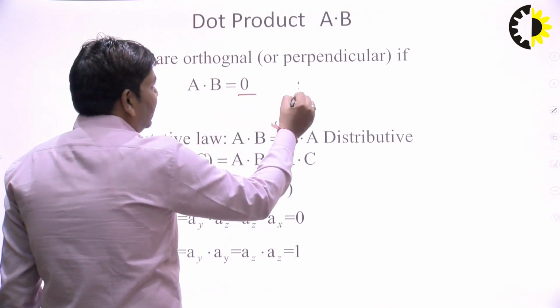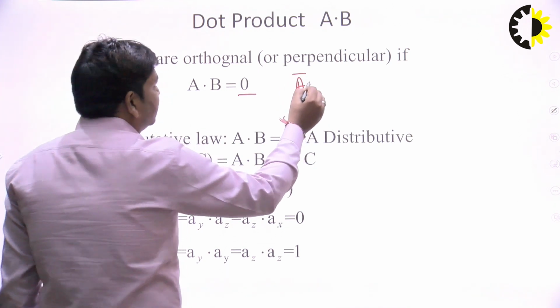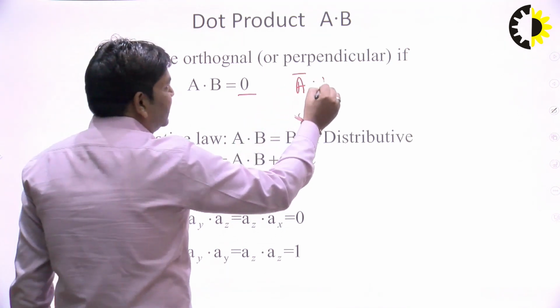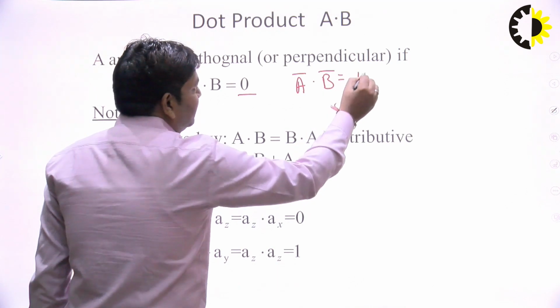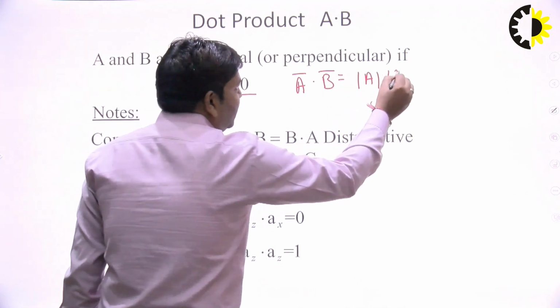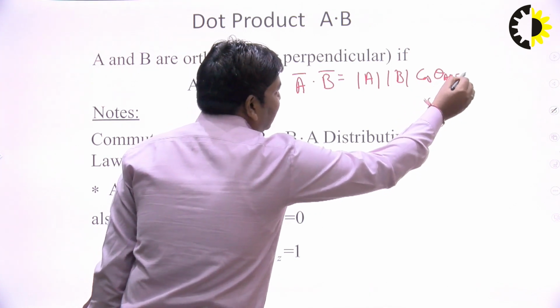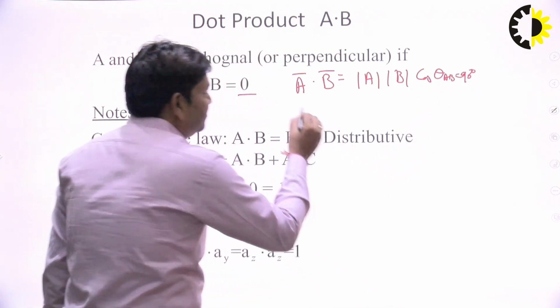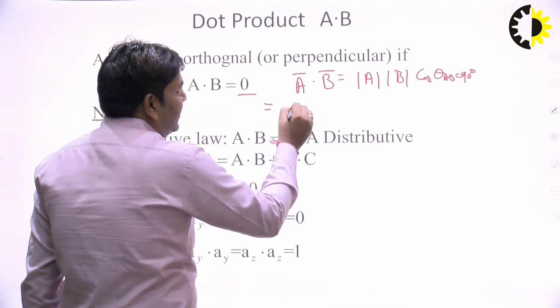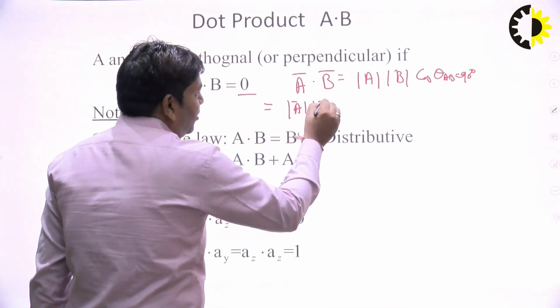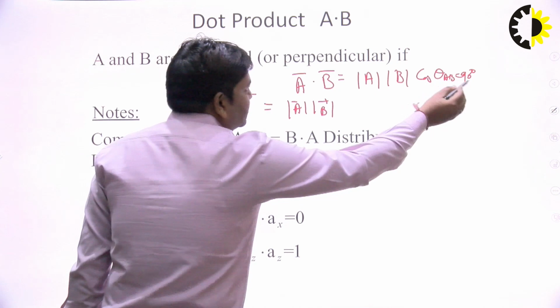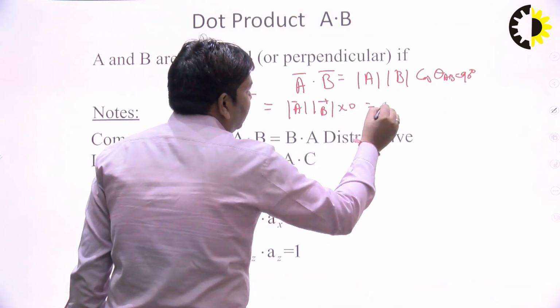If two vectors are orthogonal to each other, a dot b is mod a, mod b, and cos of theta ab, which is 90 degrees. So mod a, mod b, and cos 90 should be 0.